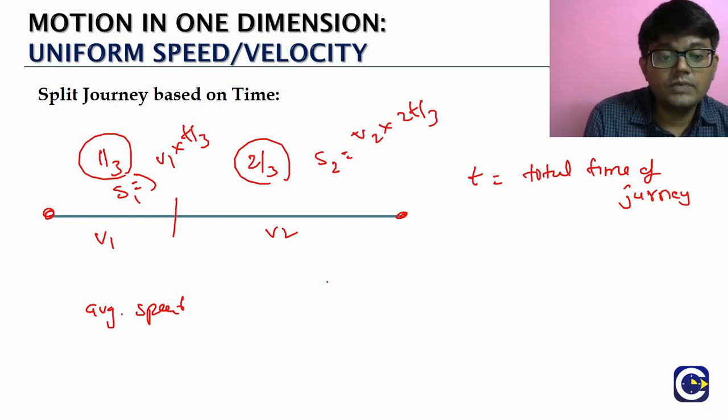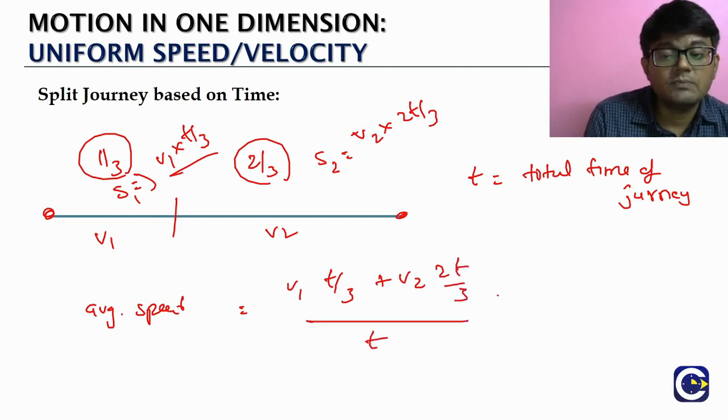So the average speed means total distance, v1 into t by 3 plus v2 into 2t by 3, divided by the total time of the journey, which is t. Now you can see here t by 3 will come out common.